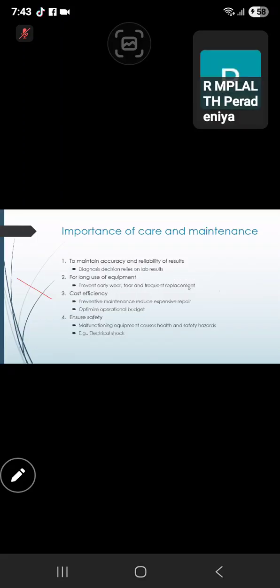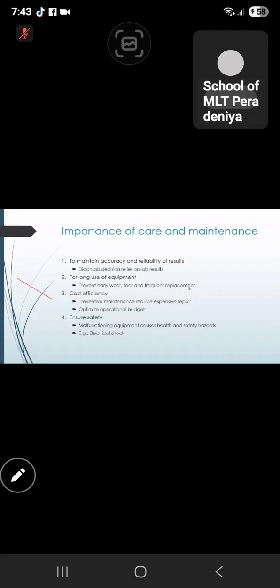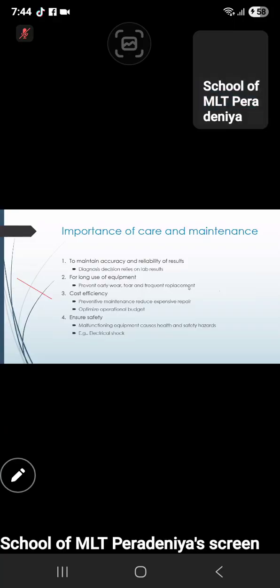Right. Can anybody say why maintenance of equipment should be done? If we think about that, our main role in the laboratory is doing several analyses and producing results.